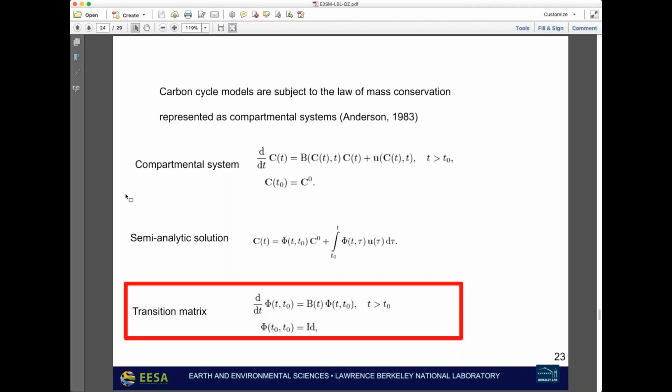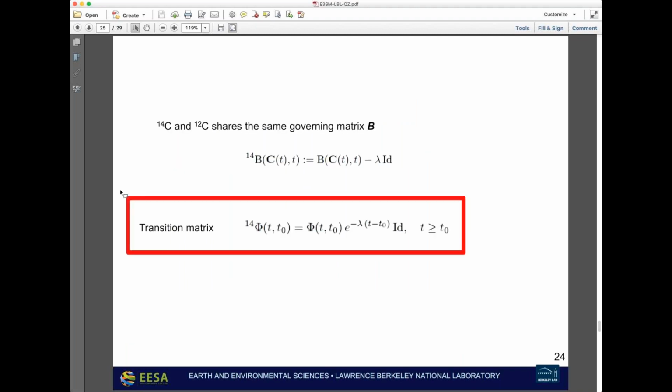And we use that to reconstruct the time-evolving transition matrix, and use that to analytically solve the trajectory of soil carbon, that's 12C. And applying this to the radiocarbon reconstruction, we can use the same transition matrix, and the only difference will be the radiative decay.